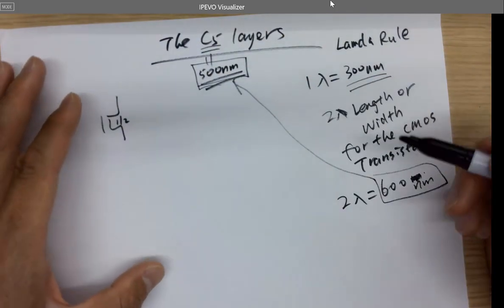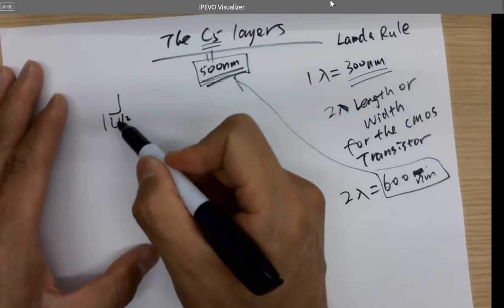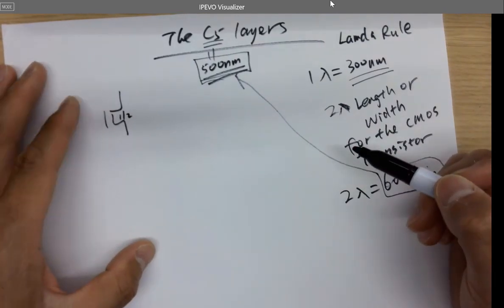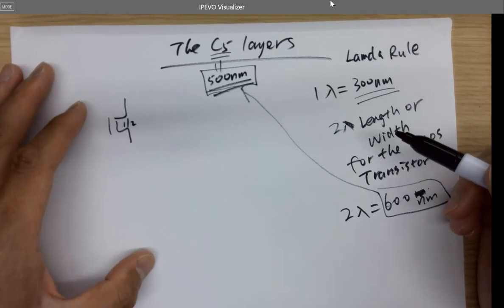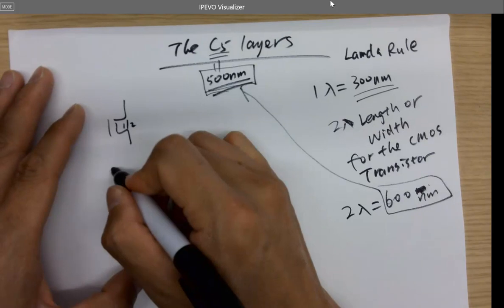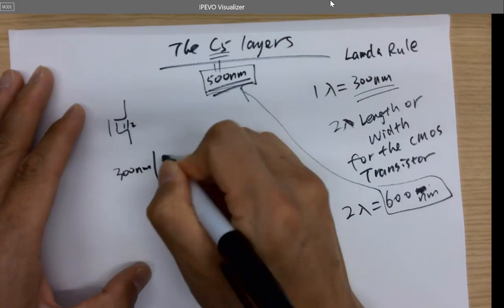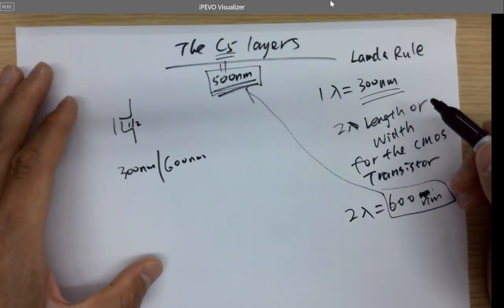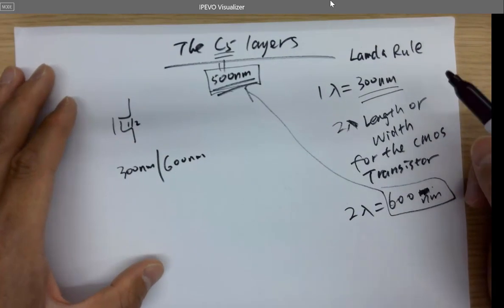It never shows the units. If it shows 1 versus 2, what does that mean? What's the size of the transistor? That's right. So it's going to be 300 nanometers versus 600 nanometers. That's the real size of it. Okay?